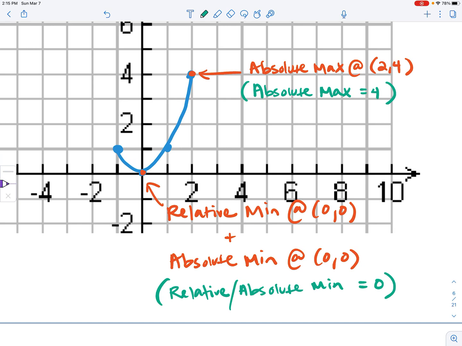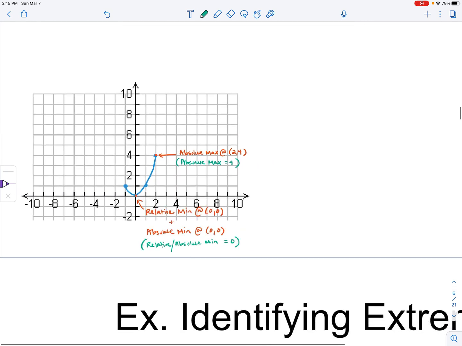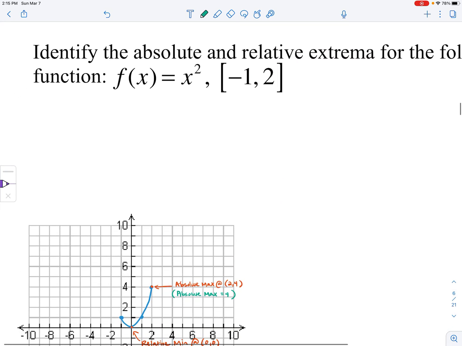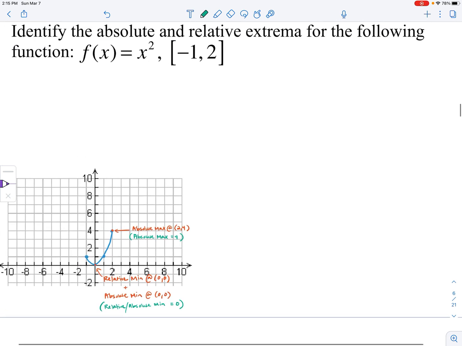And it's very important that you differentiate between the location that describes where an absolute or relative extrema is on the graph of the function versus what the actual value is. And the actual value will be the y-coordinate.